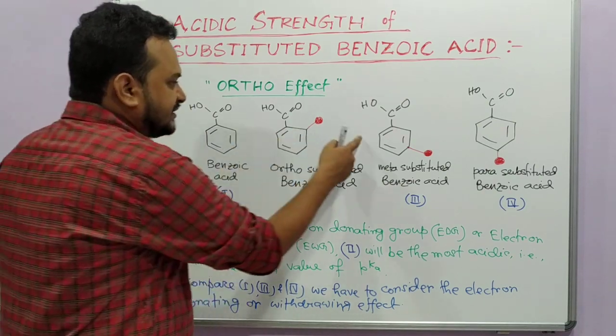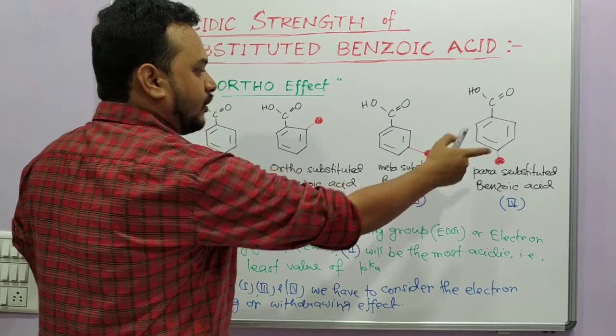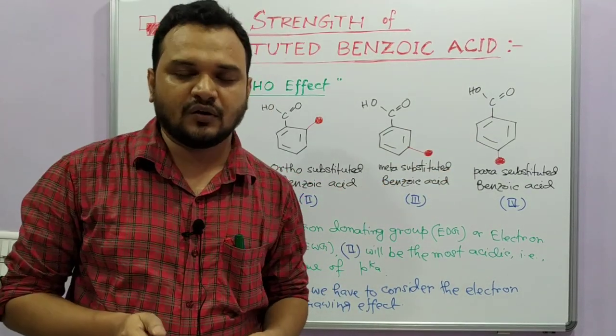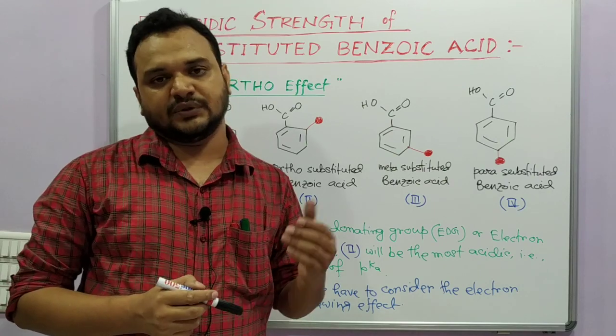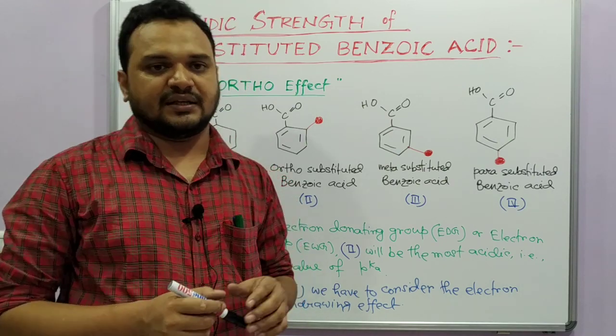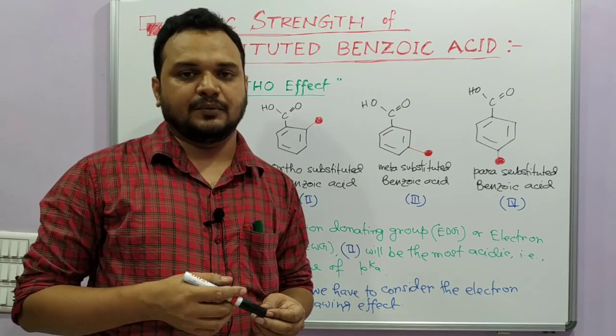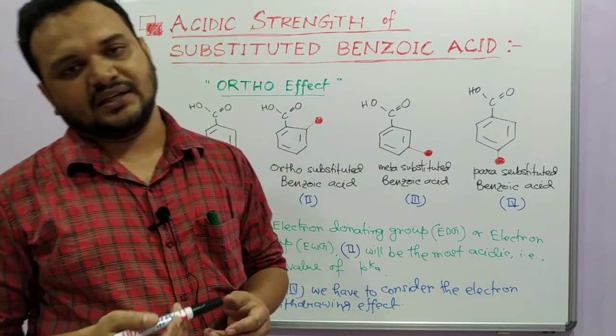Now to compare these remaining 3, what should be the order? Then you again have to consider those electron donating or electron withdrawing effects. As we discussed in the last video, the more the electron withdrawing power, the more acidic, and the more the electron donating power, the less acidic.